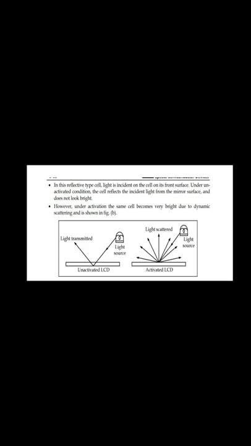We already discussed that the LCD structure consists of two glass sheets, and the space between the glass sheets is filled with liquid crystal. The lower portion of the top glass sheet and the upper portion of the bottom glass sheet are coated with a transparent and electrically conductive coating.